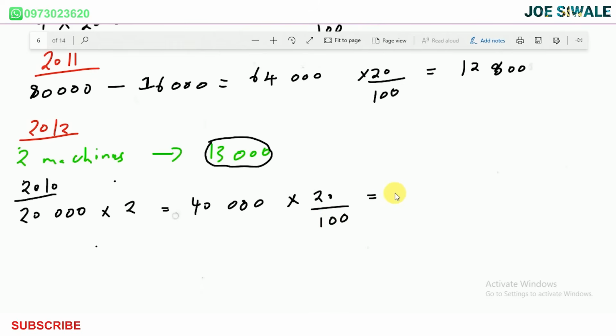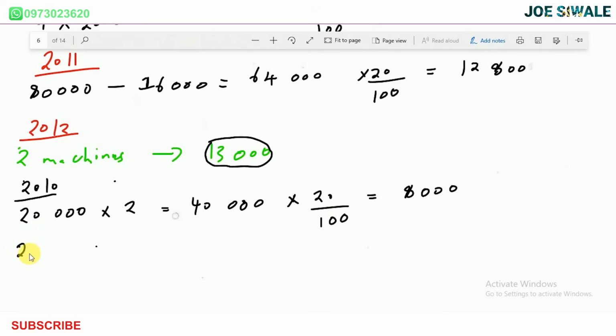So there, the amount is going to be 8,000. So that's the amount of depreciation for the two machines in the year 2010.